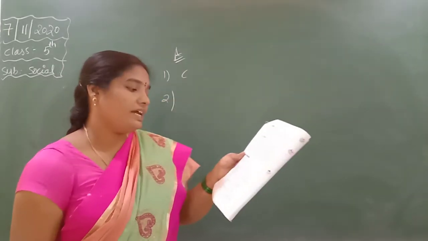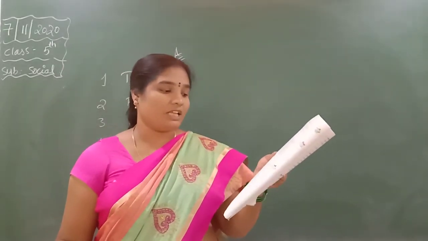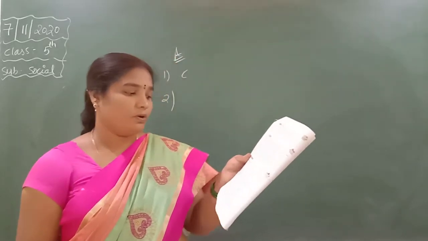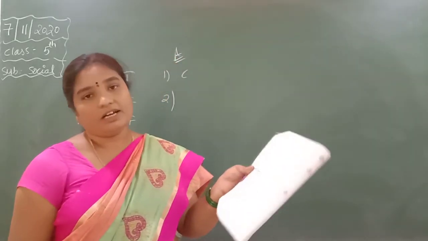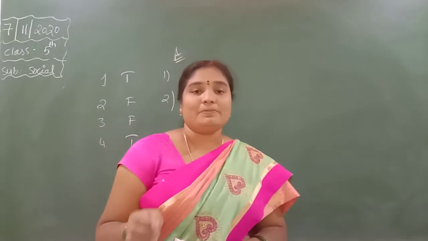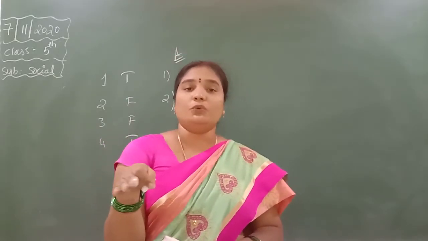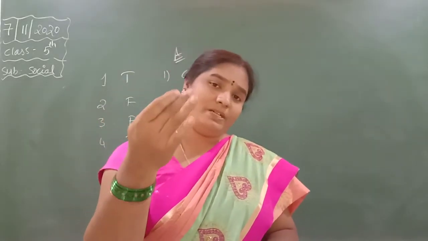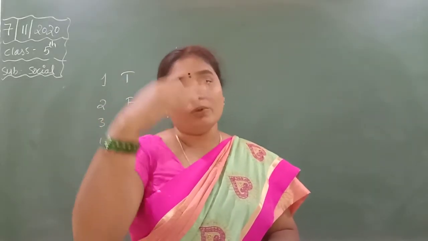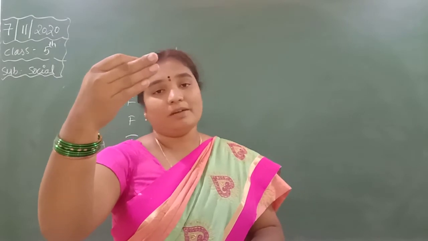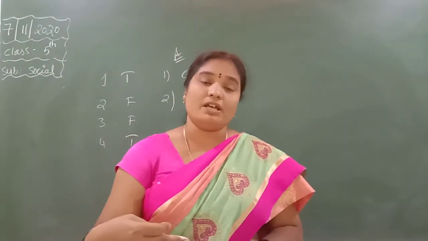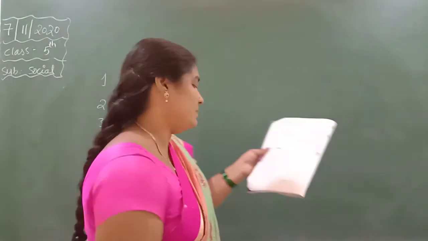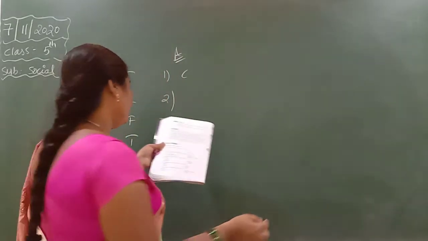The part of the earth above the equator is called the Northern Hemisphere. The equator divides the earth into two halves. Above the equator is the Northern Hemisphere and below the equator is the Southern Hemisphere. So the right answer is D.